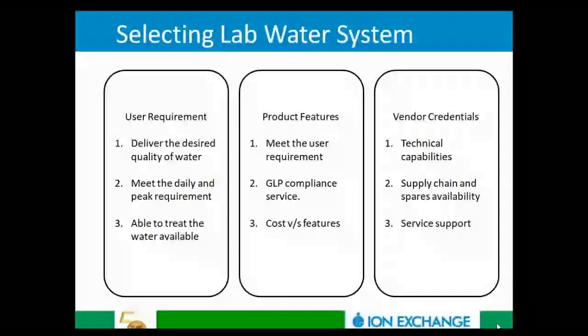The third would be cost versus the features. There are a lot of features that are available, but the customer has to determine whether these features are nice to have or a must. I would give you an example. Today, people talk about 21 CFR Part 11 compliance. If I understand properly, these are the electronic audit trails that would be used for the instrument that generates data which is submitted for the product release.